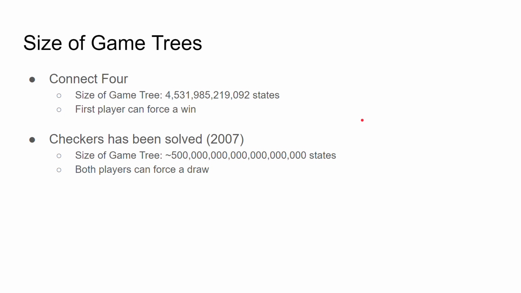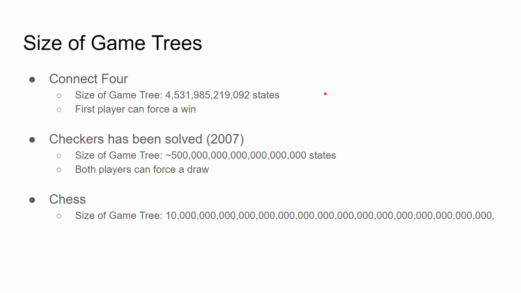And then of course we get the question, all right, what about chess? As you might guess, the numbers get even bigger. The size of the game tree for chess, well, that's a lot of zeros. And you'll notice I've got a comma on the end here, because I haven't finished writing all these zeros yet.